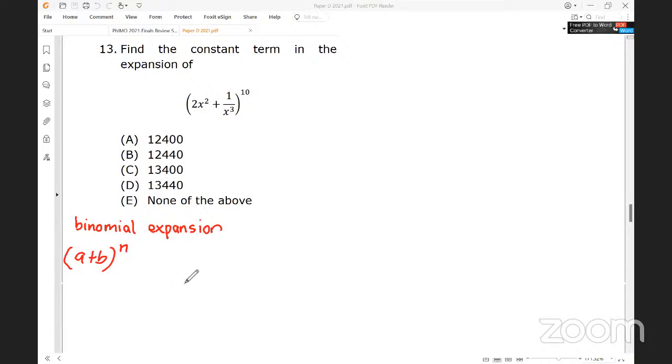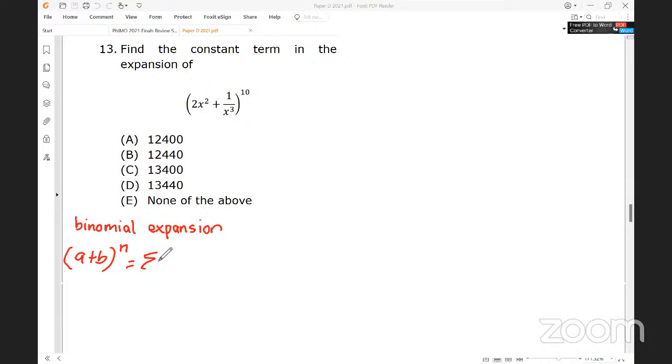In school we learn until maybe 2 or 3, 3 maybe. But in Olympiad we learn until, yeah, 10 is a small one. We learn more than 10. So the formula is just like this.